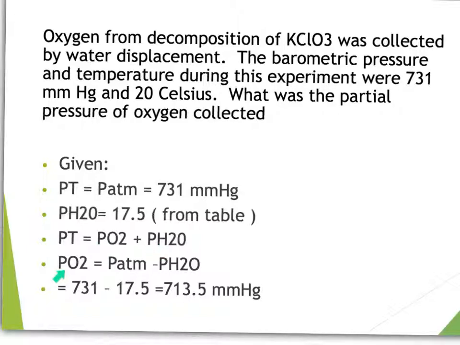Now, to find our pressure of oxygen, we will take our total pressure minus our pressure of water. Our total pressure was given to us in the problem as 731. We found our pressure of water by looking up the temperature and pressure from our chart. We did a subtraction, and so our pressure of oxygen would be 713.5 millimeters of mercury.